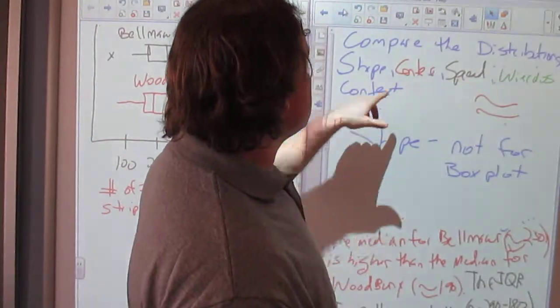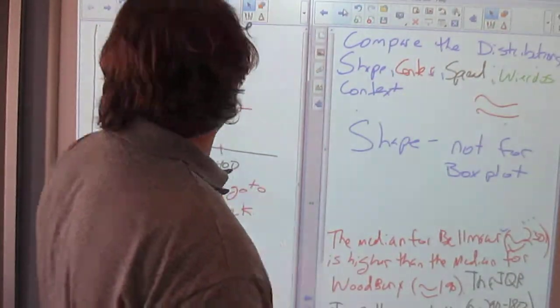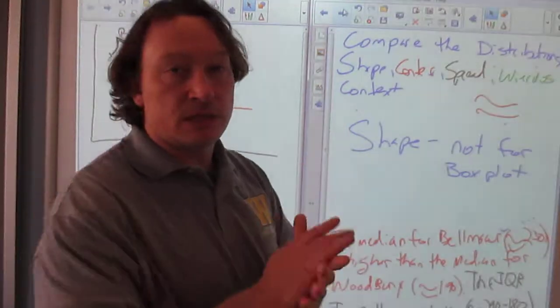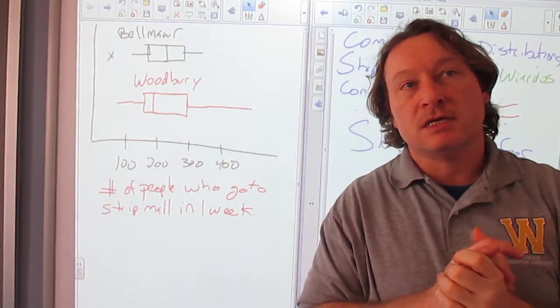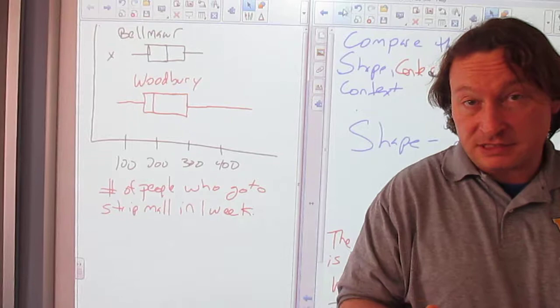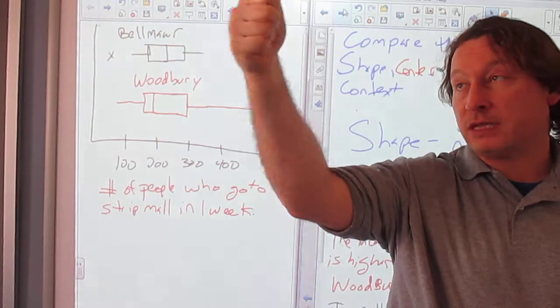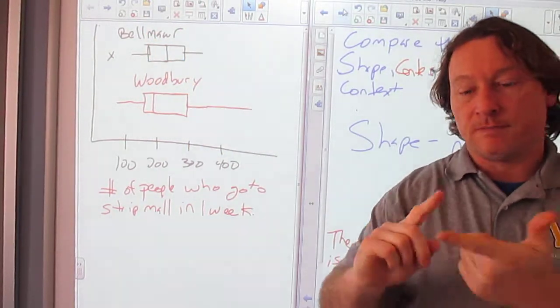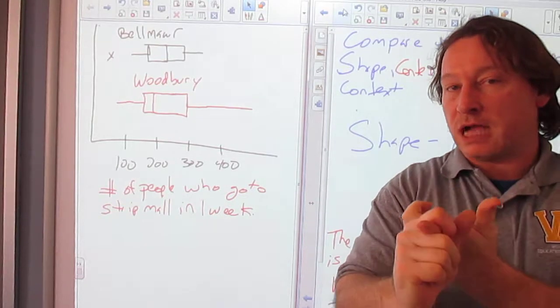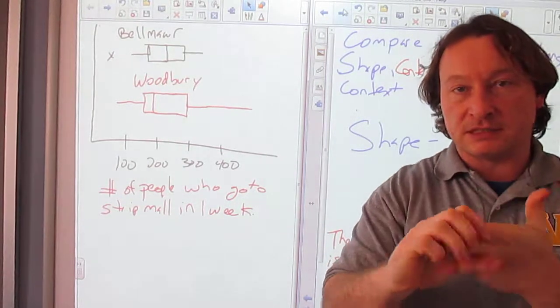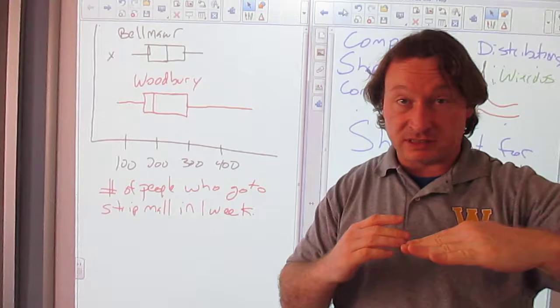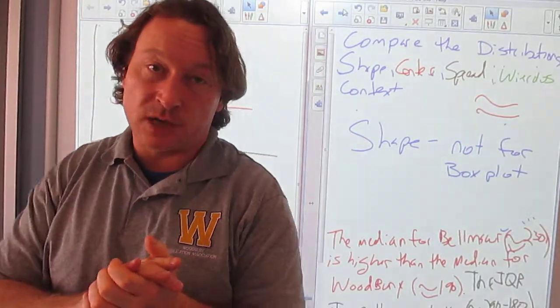So the idea is to compare the distributions. Just like when we have the sentences asking us about a hypothesis test, we want to do name and conditions, calculation, hypothesis, and conclusion. We have to do those 4 things whenever we have a hypothesis test question.